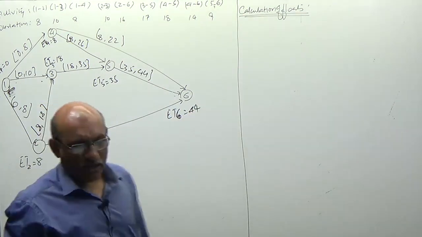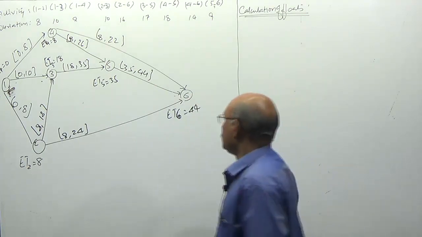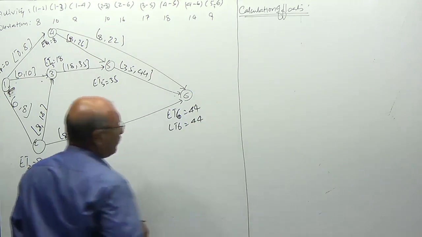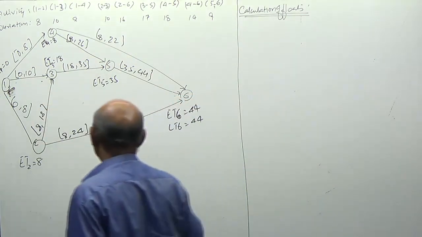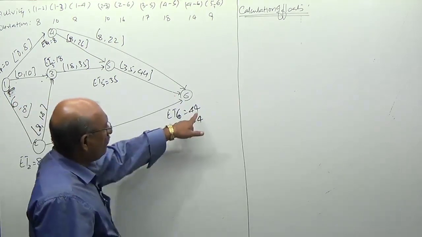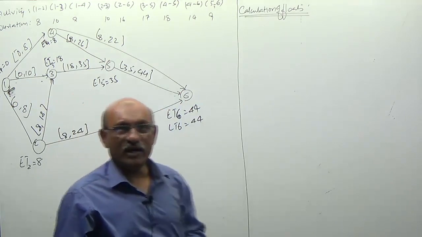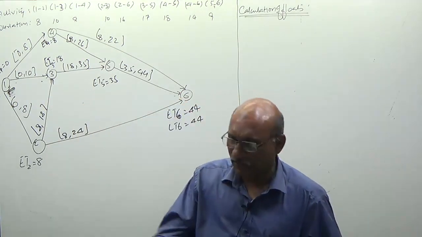In how many days you are completing the project, sir? 44 days. Latest timing of 6 is 44. To be here on the 44th day, sir, these 3 activities should be completed in 44 days.